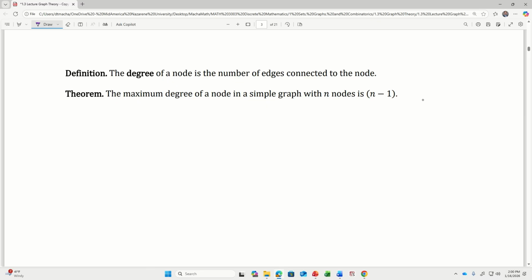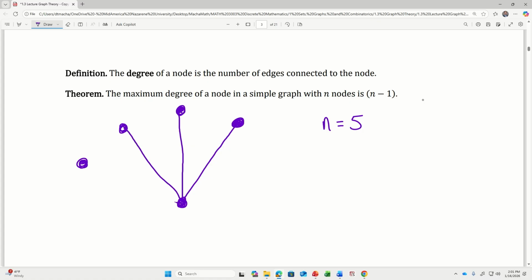This theorem says the maximum degree of a node in a simple graph with n nodes is n minus 1, because a simple graph cannot have any parallel edges, and it can't have any self loops. So if I have a graph like this, where n is equal to 1, 2, 3, 4, 5, the maximum degree I could have for a particular node is if I have an edge with every other node.